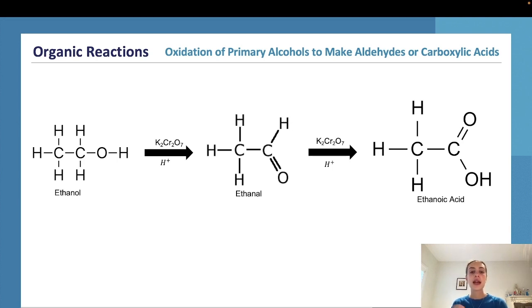We can either take the ethanal, or whatever aldehyde it is, out of the reaction at this point, or we can continue to oxidize it under the same conditions but at higher concentrations of dichromate ions in order to form ethanoic acid, or whatever carboxylic acid it has formed. So you can form either an aldehyde or a carboxylic acid.